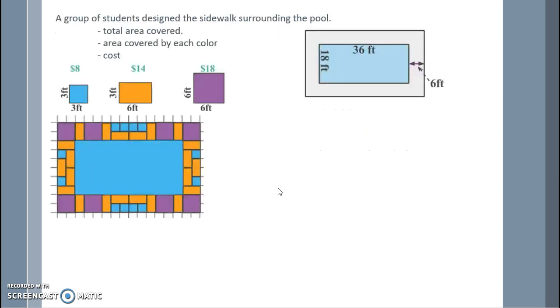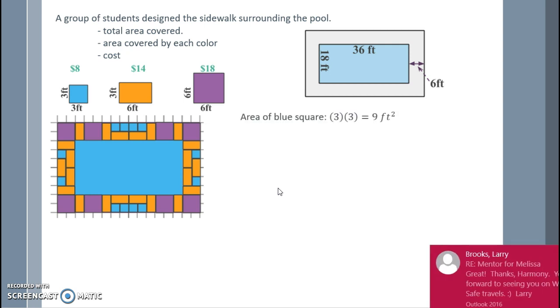A group of students designed the sidewalk surrounding the pool. We need to determine the total area covered by each color, and the cost. So they designed using the design below, and they give us the dimensions of the tiles and how much each of those tiles cost.